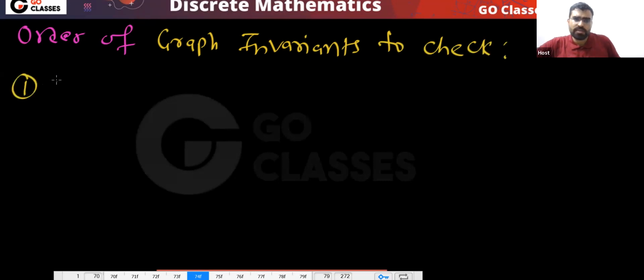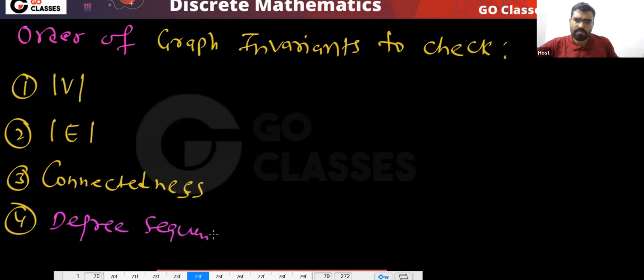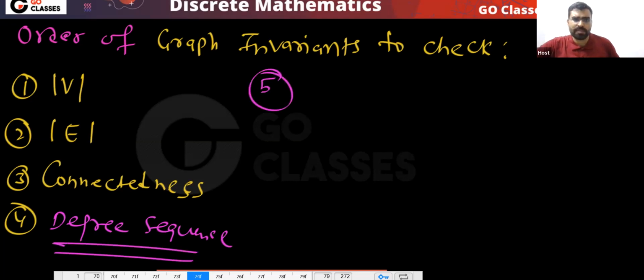You should start with the number of vertices, then the number of edges, then connectedness, are they connected or not, then the degree sequence. After you check the degree sequence, you don't have to check the maximum degree or minimum degree.